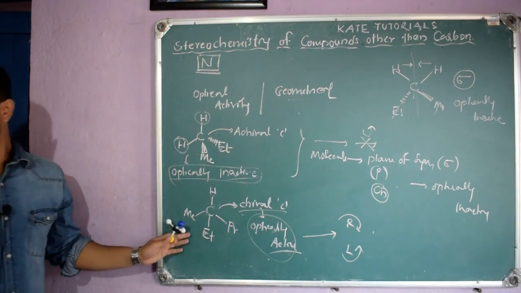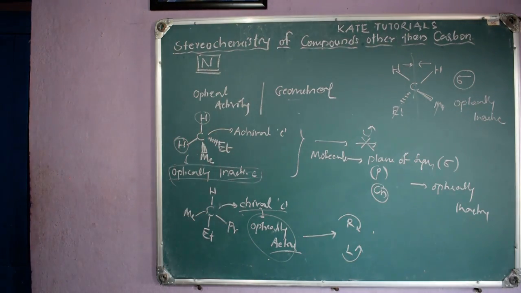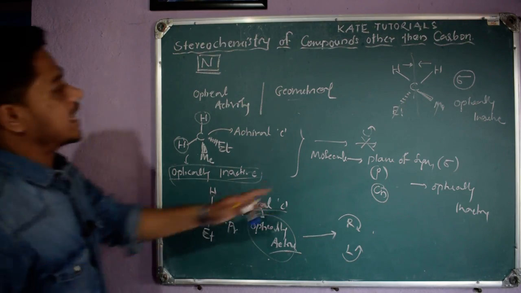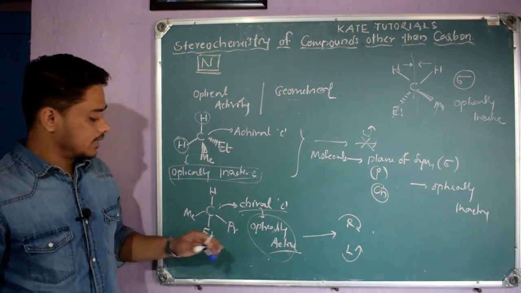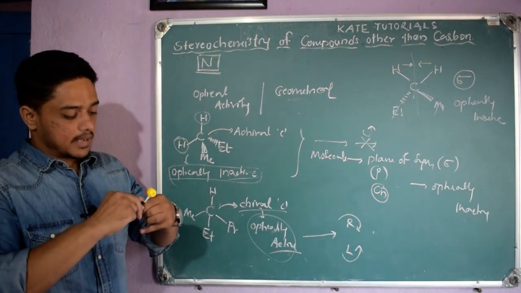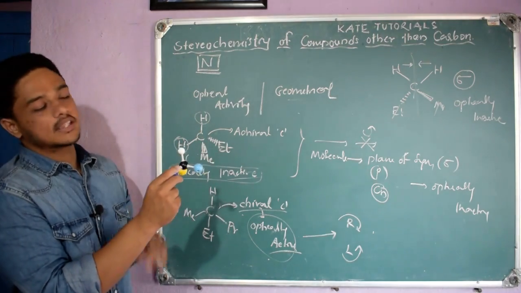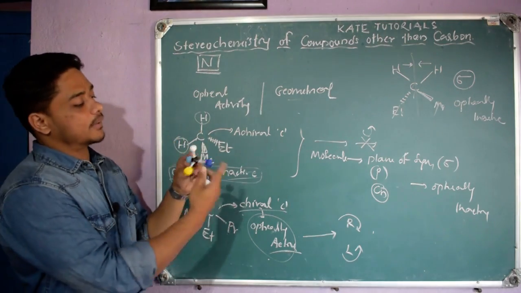What about this? This is optically active. Why is it optically active? For example, see, if I replace one of the hydrogens here by a propyl group like this, propyl. So this is propyl, let us assume. So all three are different atoms, and hydrogen, this is also a different atom, and the center one is carbon, right?